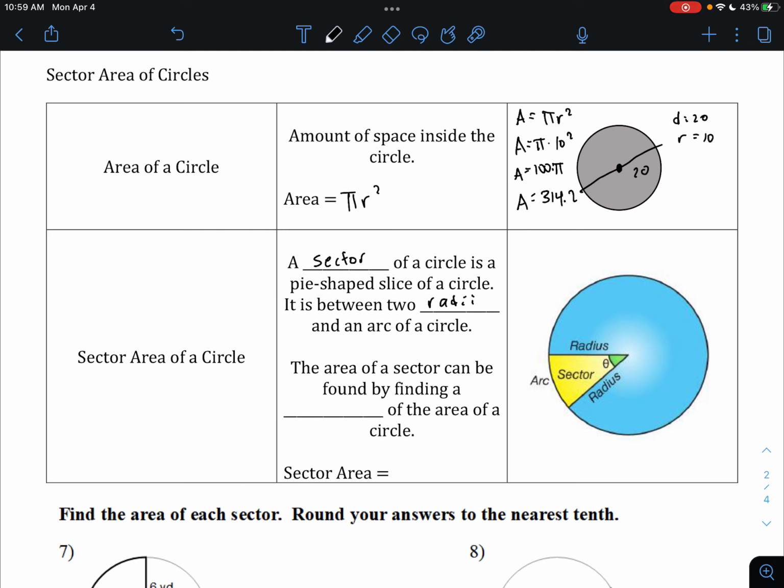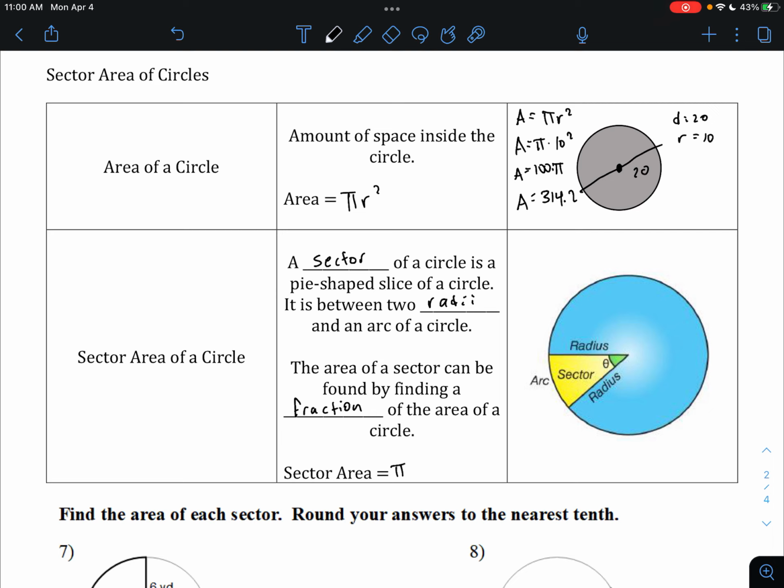And the area of a sector can be found by finding a fraction of the area of a circle. Just like the arc length was found by the fraction of the circumference, this is the fraction of the area of the circle. And it follows this equation.